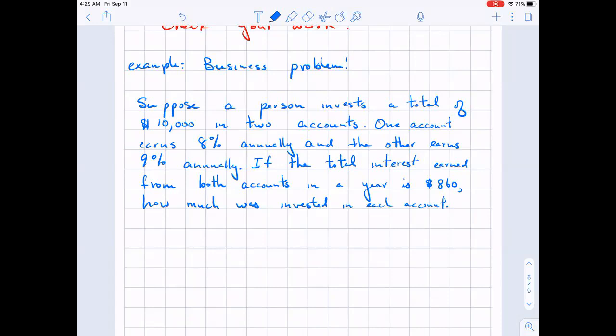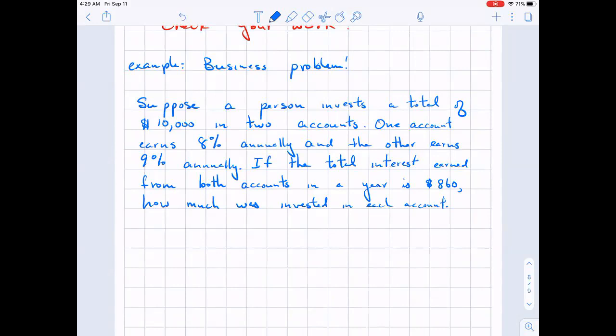Generally, if you go to the bank, there's a saving account and a checking account. One account earns 8% annually. We know that's not happening, 8%. And the other earns 9% annually. So let's say generally saving pays more than checking. So one account could be the checking account, the other could be a saving account.